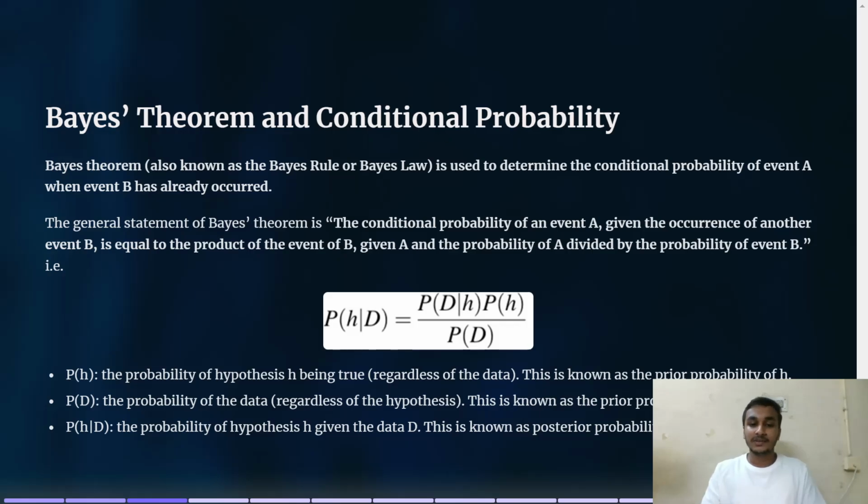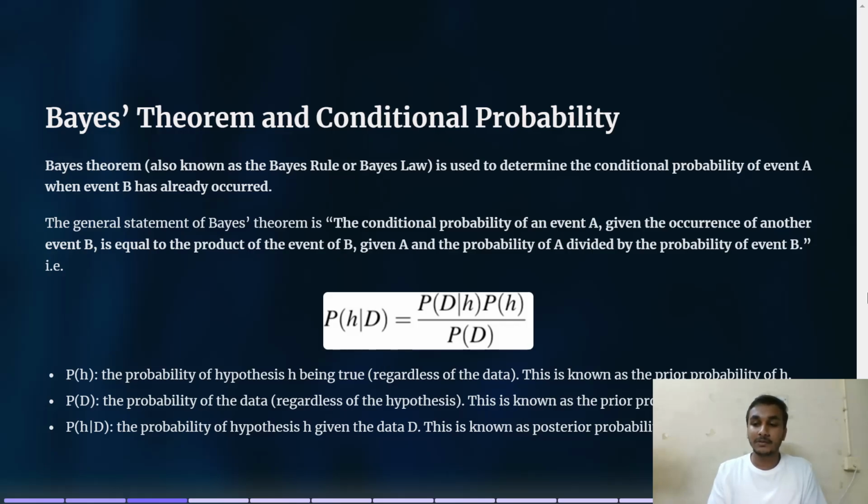Now, the general statement of Bayes' theorem: the conditional probability of an event A given the occurrence of another event B is equal to the product of the probability of B given A and the probability of A, divided by the probability of event B, as we can see in the image given below. Here P of H is the probability of hypothesis H being true regardless of the data.